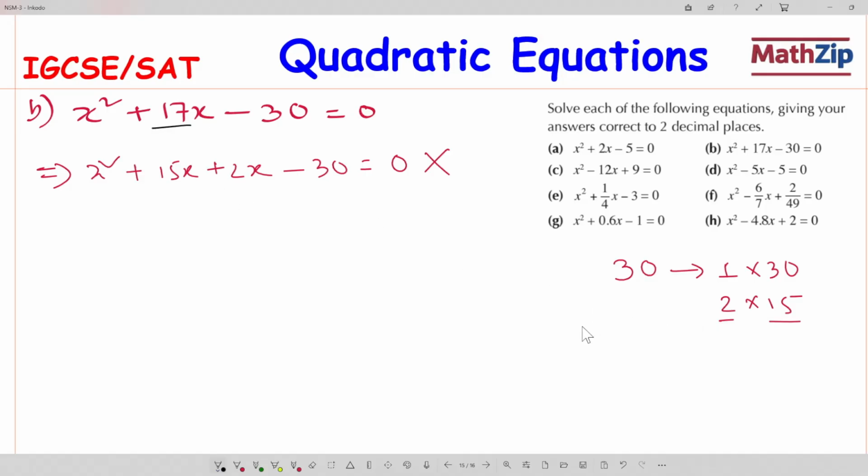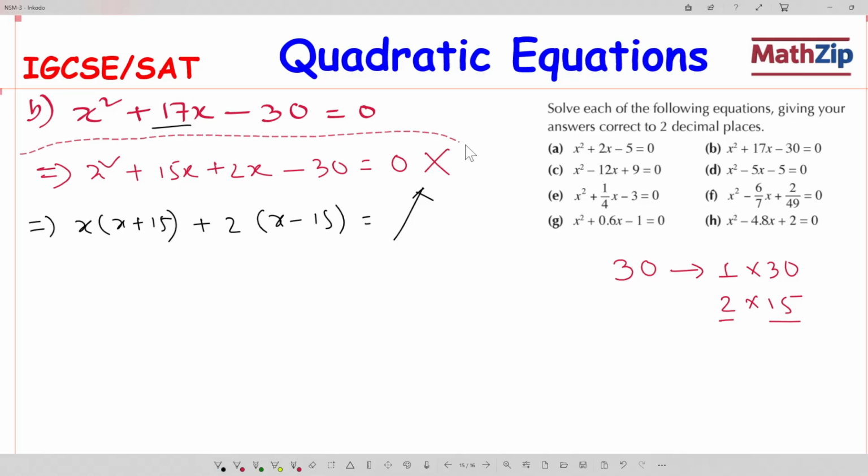The condition is okay, but we cannot write it this way, because if we take x common from here, it will become 15, and when we take 2 common, it will become x minus 15. So it's not possible. In these kinds of scenarios, we should use the quadratic equation general formula.